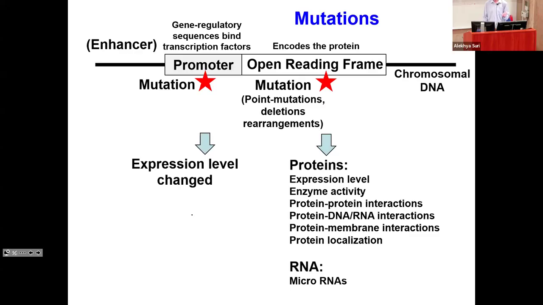MicroRNAs interfere with the messenger RNA of this specific gene. If those are not expressed, there might be changes in expression level; the messenger RNA of this specific gene would be high or low, for example. Okay, so you just want to have an overall scheme of this to memorize.